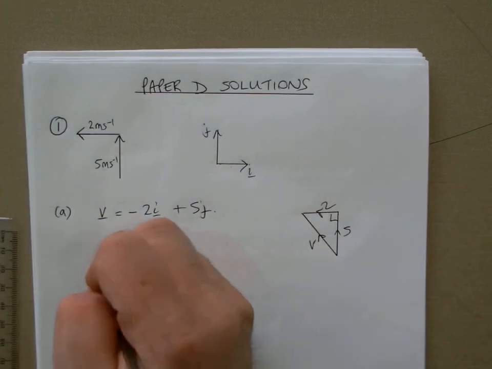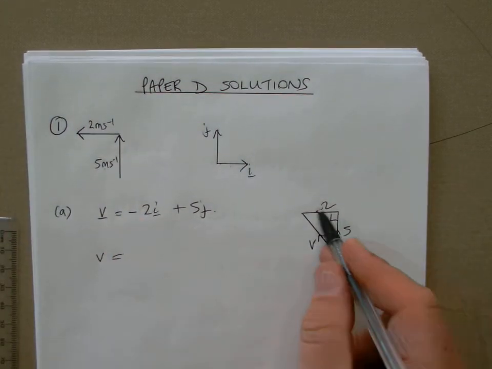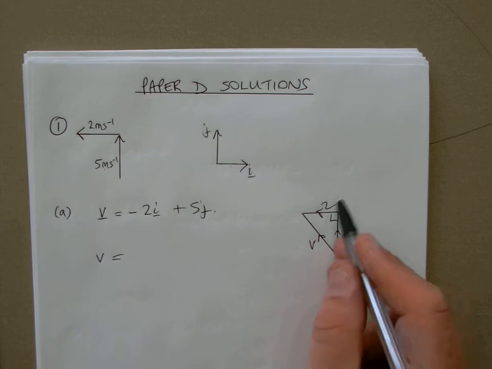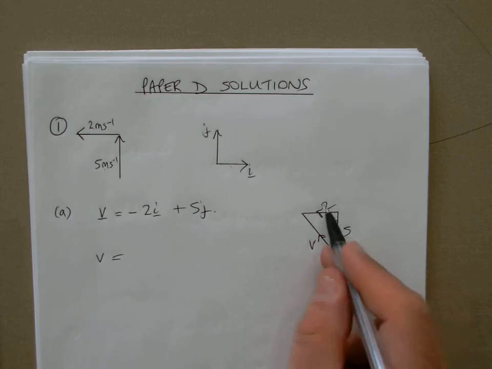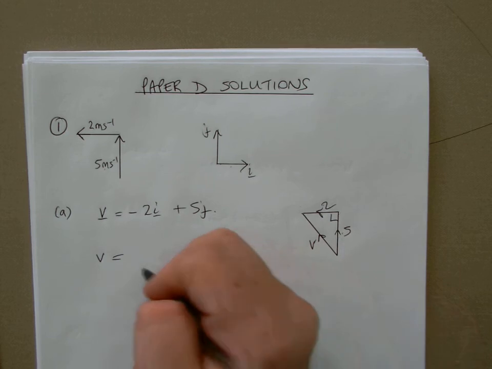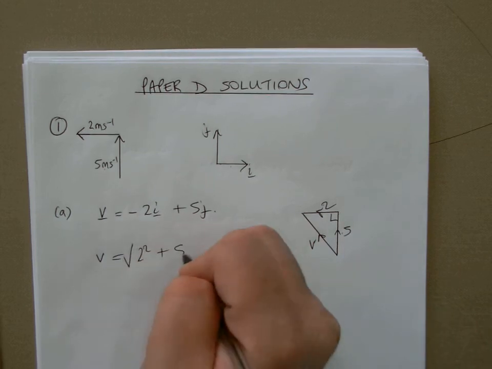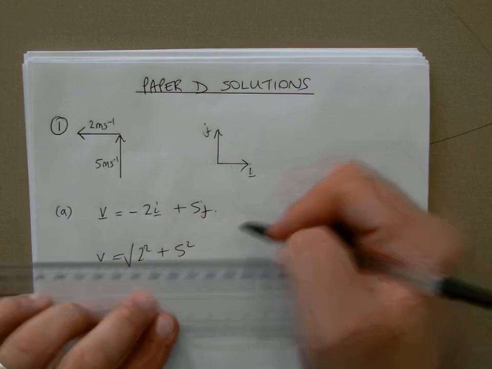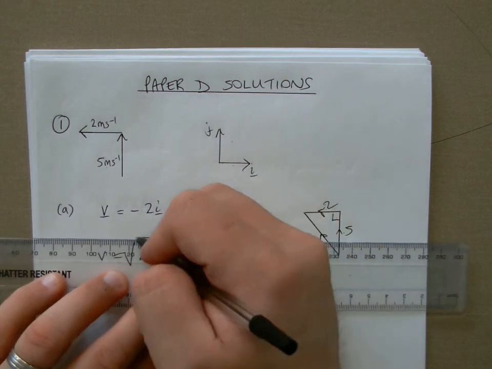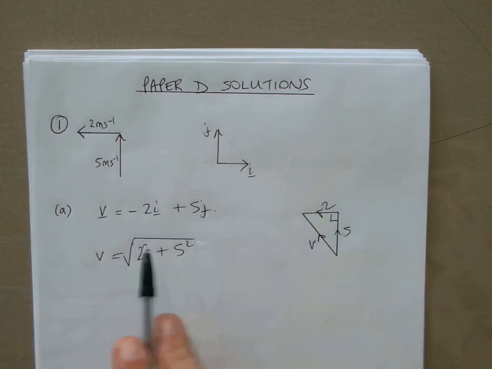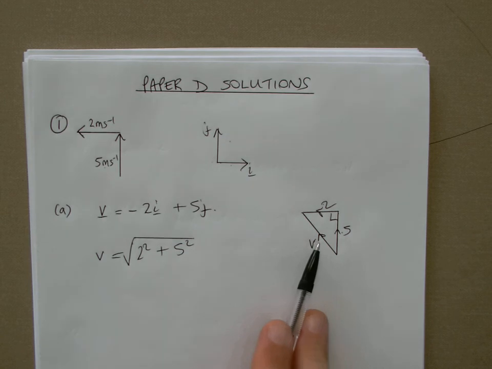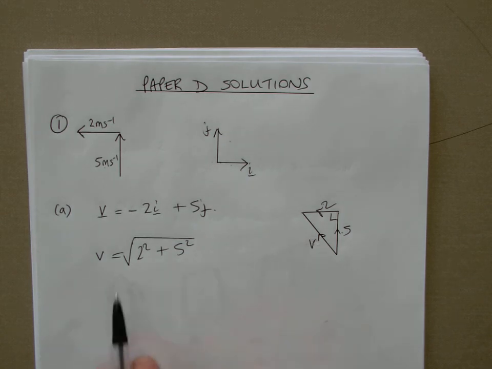Remember with Pythagoras, we're just interested in the distances, not the direction. So that side is 2, that side is 5, you square both of them, and then add, then square root to get your V there.